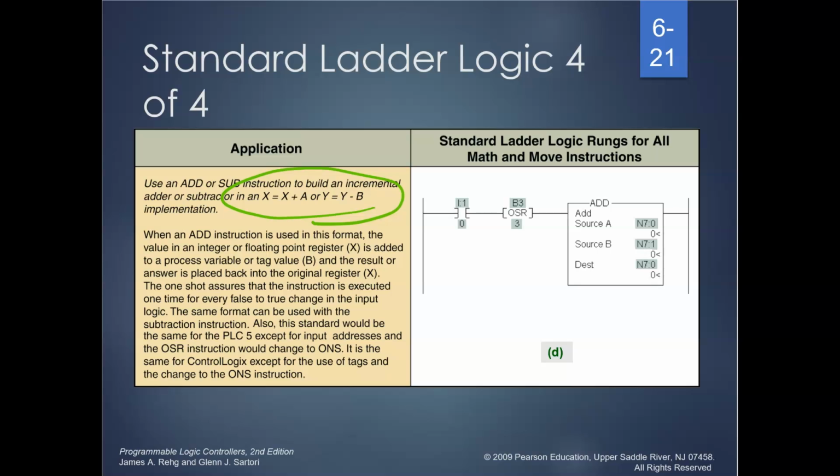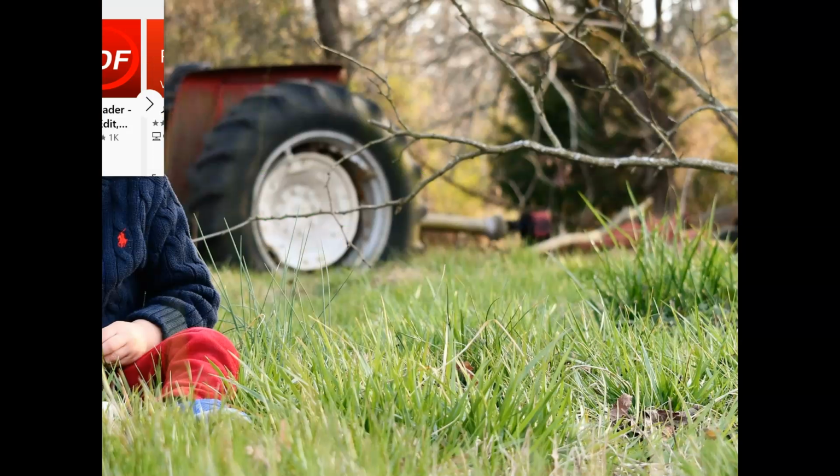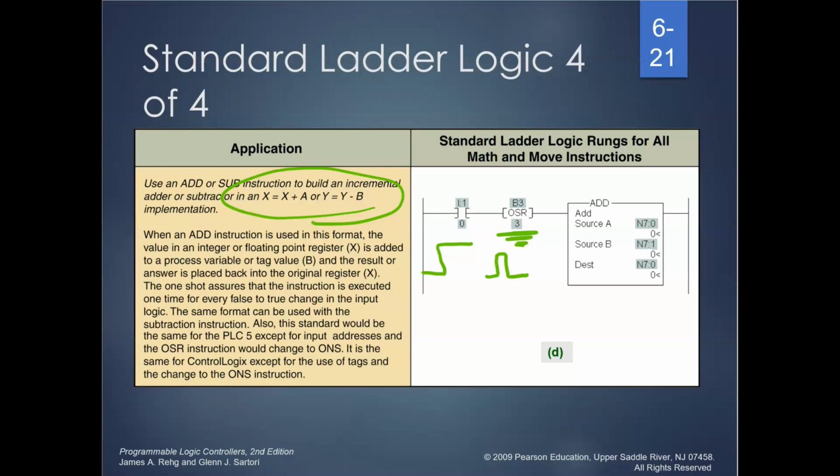Otherwise, you don't know how many times this will be repeated. So you have to make sure that you are using one of those one-shot instructions here. If you apply the signal like this, only a pulse will be produced here, and a pulse of one scan cycle will only let this instruction happen 1 time.